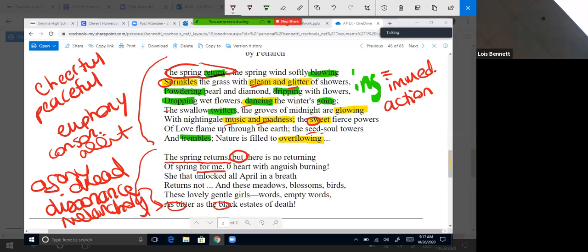Why is he so hateful and melancholy in the second stanza? What is his exact issue? She didn't come back. She returns not. There is a specific person.